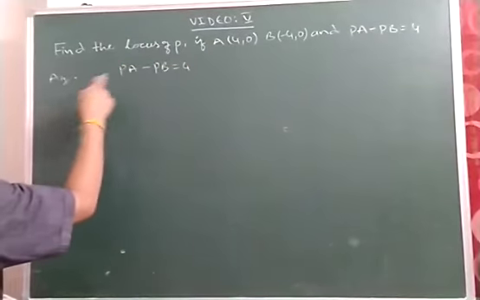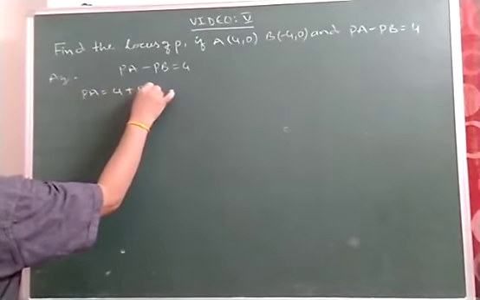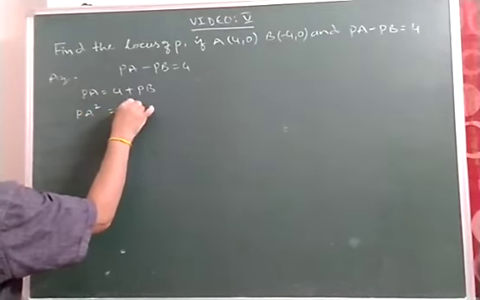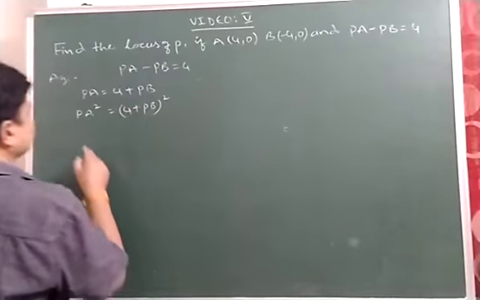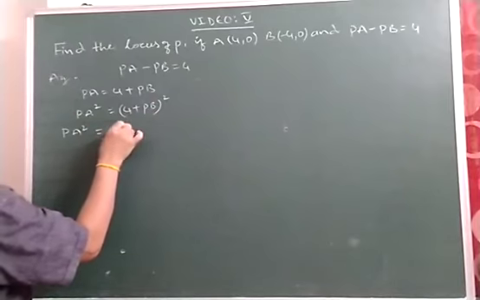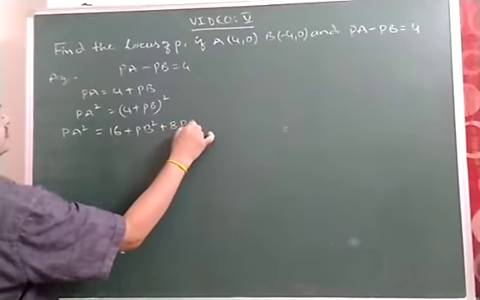So we take it as PA is equal to 4 plus PB. And squaring on both sides, PA square is equal to 4 plus PB whole square. Now this is PA square is equal to 16 plus PB square plus 8 PB.